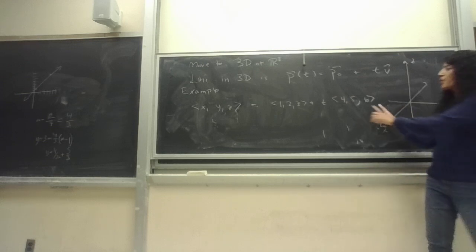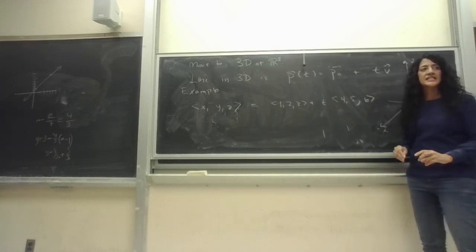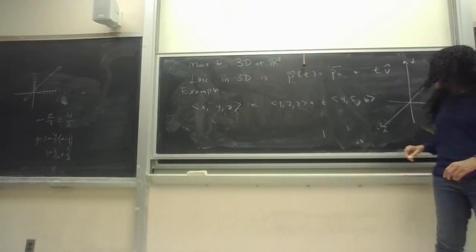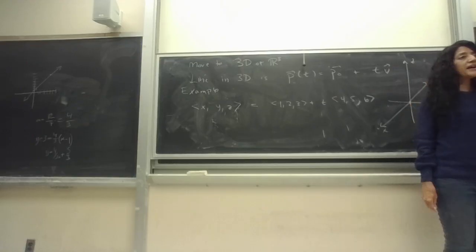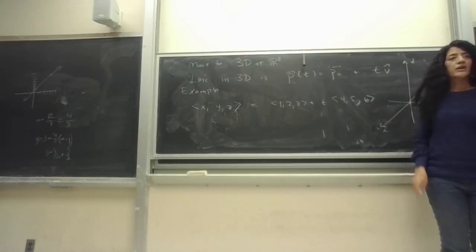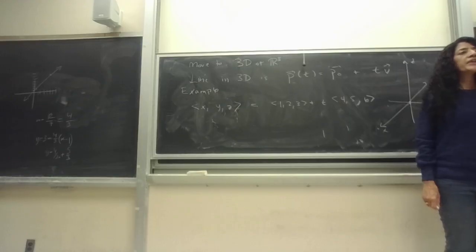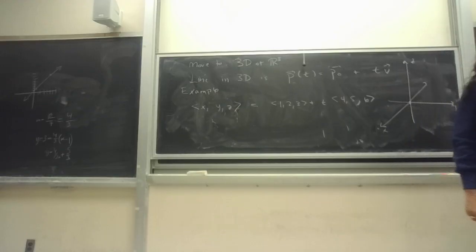So what if I have a vector like 4, 5, 6? How do I draw that? I start at the origin. 4 is in the x. I'm going to take 4 steps to the front. 1, 2, 3, 4. That's the 4. 5 goes to your right, my left. 1, 2, 3, 4, 5.